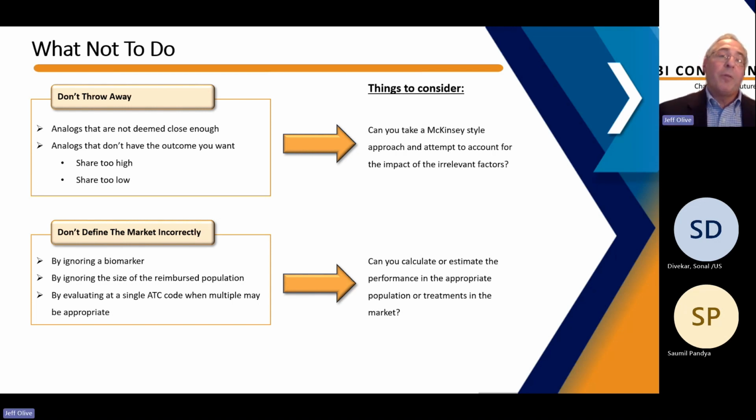The other thing that I'd really try to encourage you to do is not to throw away analogs that don't have the outcome you want. So we've probably all been in these meetings where we brainstorm analogs and someone says, well, we can't use that because the share is too high or the share is too low. That's really not the metric that you want to base an analog on.